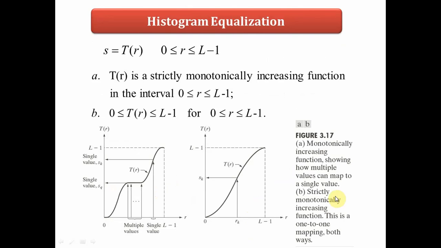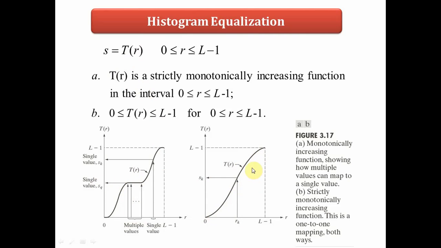Now in histogram equalization, you have multiple types of functions. Suppose you have this and this. This is strictly one single value: if you give a single value at the input, you get a single value at the output. But in many functions, you give multiple values at the input, but you get only a single value at the output.